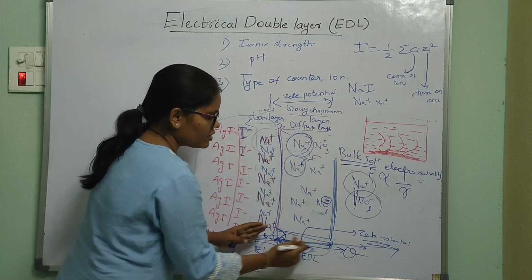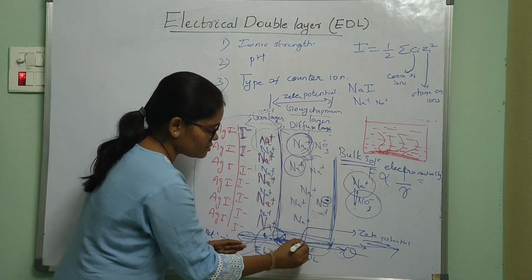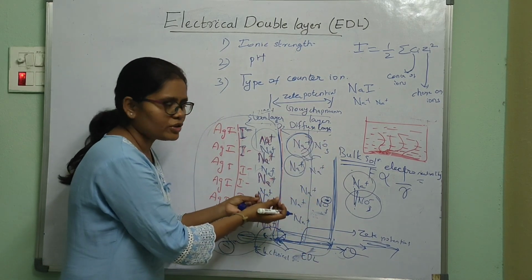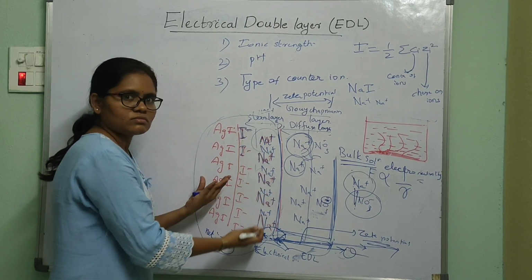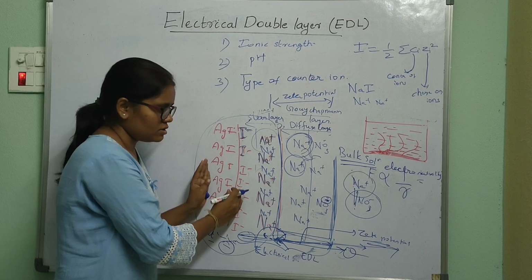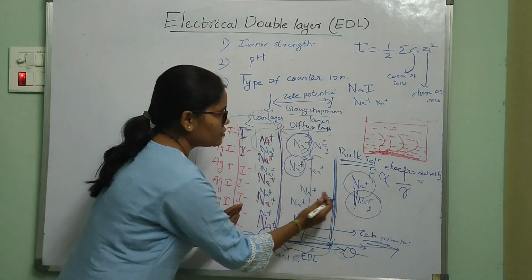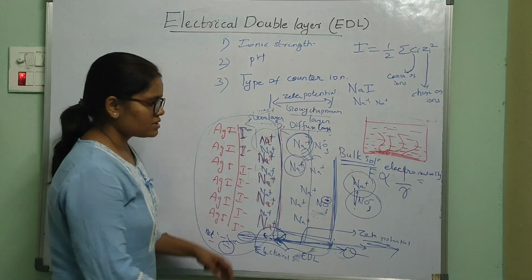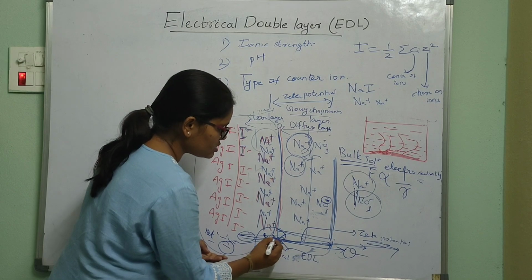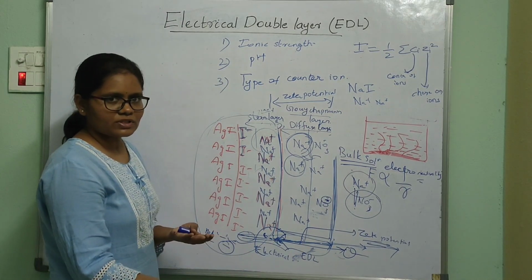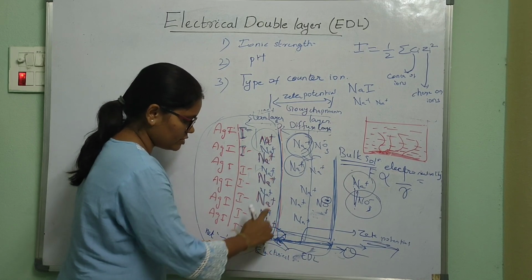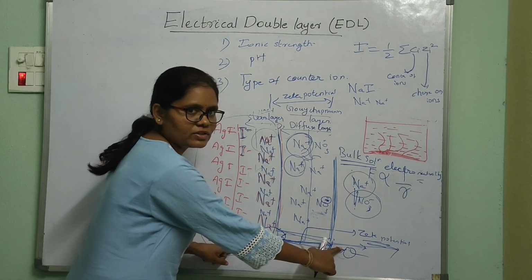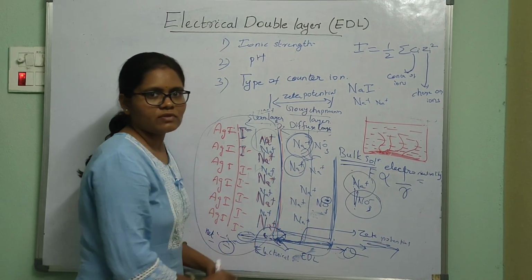Therefore, the length of this diffuse layer will also decrease because only a few sodium ions are required, because the charge is already lessened by the sodium ions present in the Stern layer. So the width of the diffuse layer decreases. If the width of the diffuse layer decreases, the zeta potential will also decrease, right? Because there will be less separation of charge between this layer and the bulk solution. So the zeta potential will decrease.